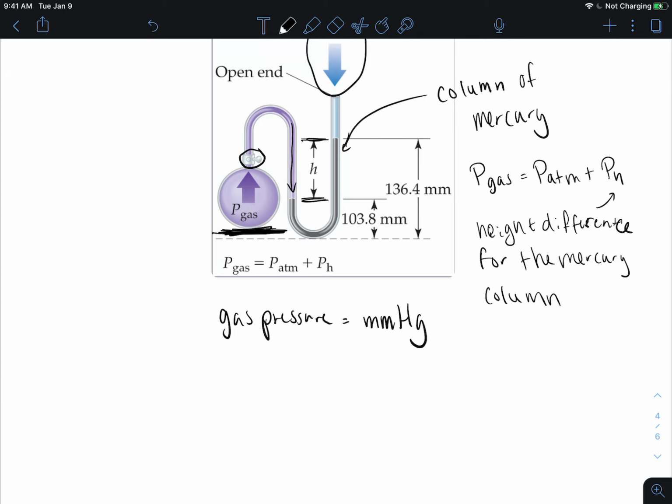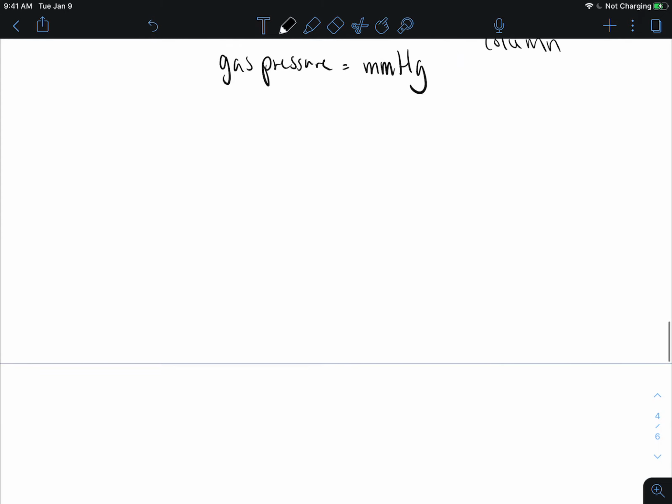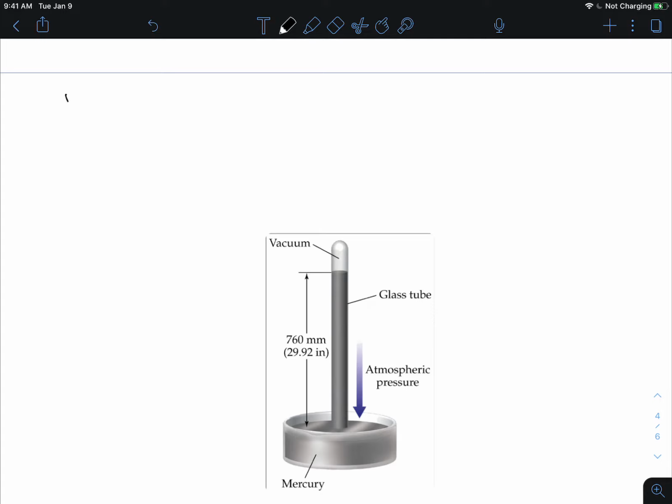So that height. We can also look at atmospheric pressure, the pressure exerted by the gas particles in the atmosphere. So we measure that using a barometer.